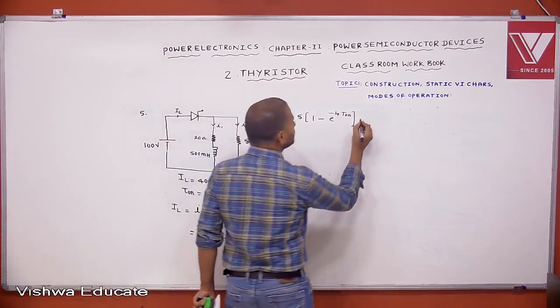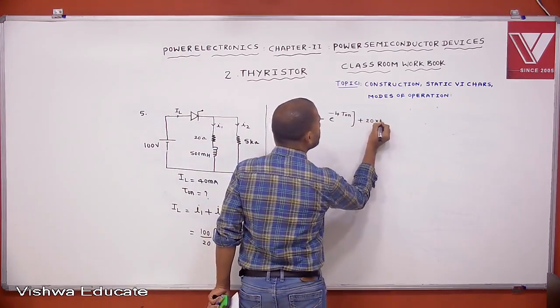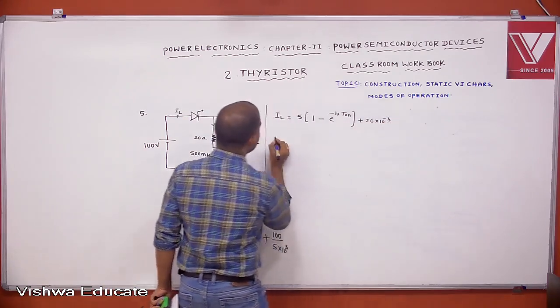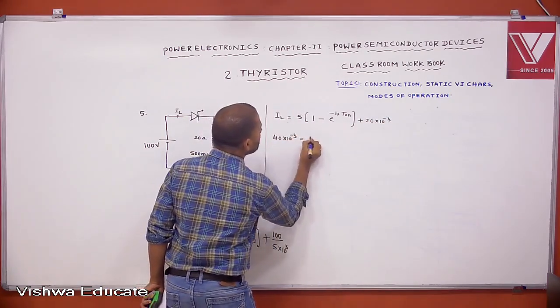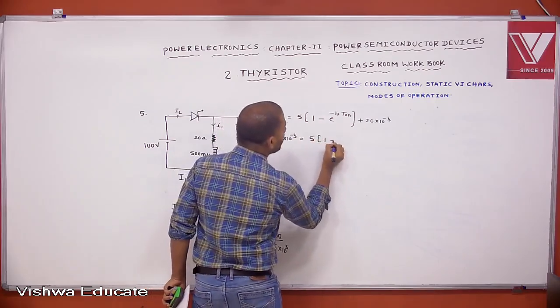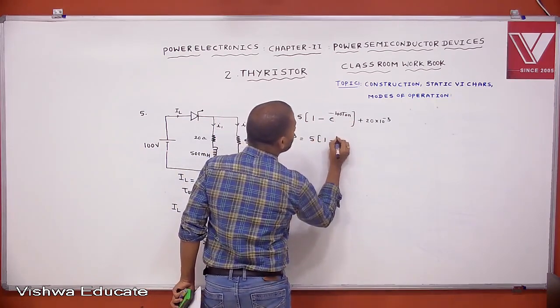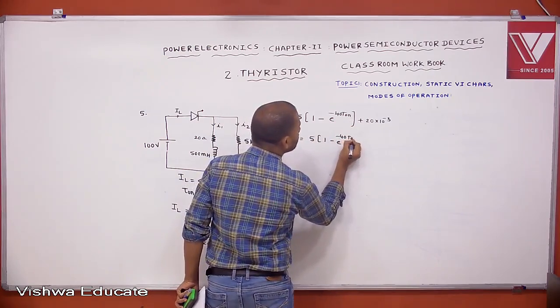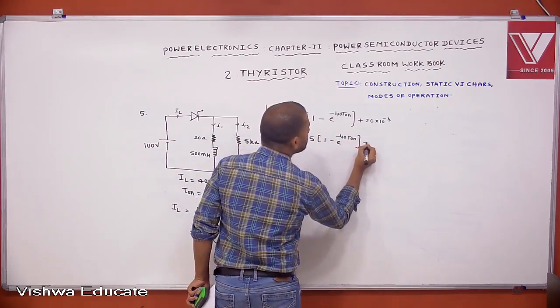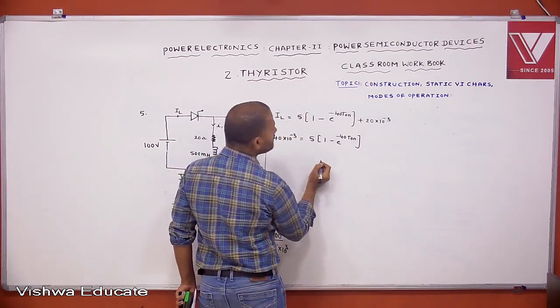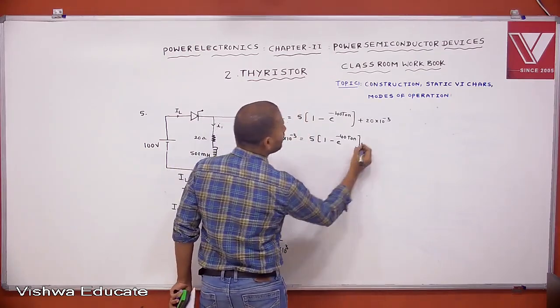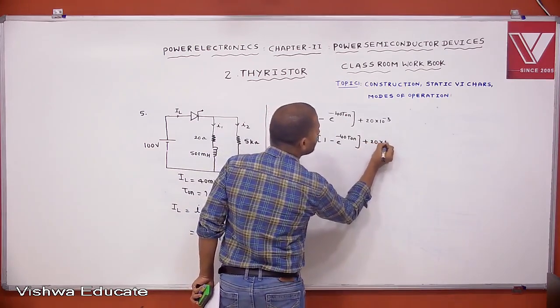This is 20 into 10 to the power of minus 3. This is 40 into 10 to the power of minus 3 now, 40 milliampere. That is 5 into 1 minus e power minus 40 T on, plus 20 into 10 to the power of minus 3.